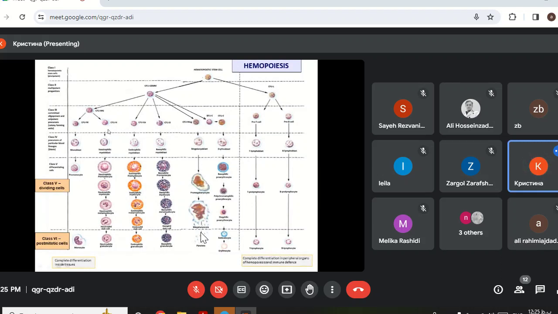Next, colony-forming unit of neutrophils, neutrophilic myeloblast, neutrophilic promyelocyte, neutrophilic myelocyte, neutrophilic metamyelocyte, neutrophil stab cell, neutrophilic granulocyte or SEG. You should be able to name all these cells and build up any cell differon.